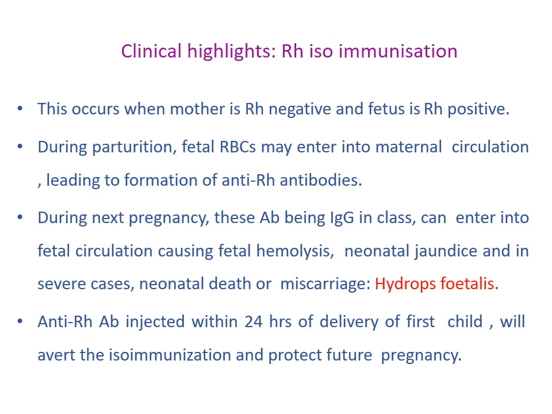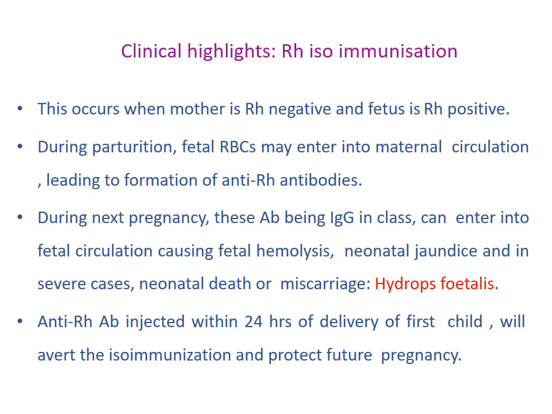So in your gynae ward you will face it, and what will be the remedy? The remedy is rather very simple, that is we have to inject anti-Rh antibody within 24 hours of exposure. That is after the first delivery, when the mother is exposed to the fetal antigen, then within 24 hours of parturition, we should inject the anti-Rh antibody.